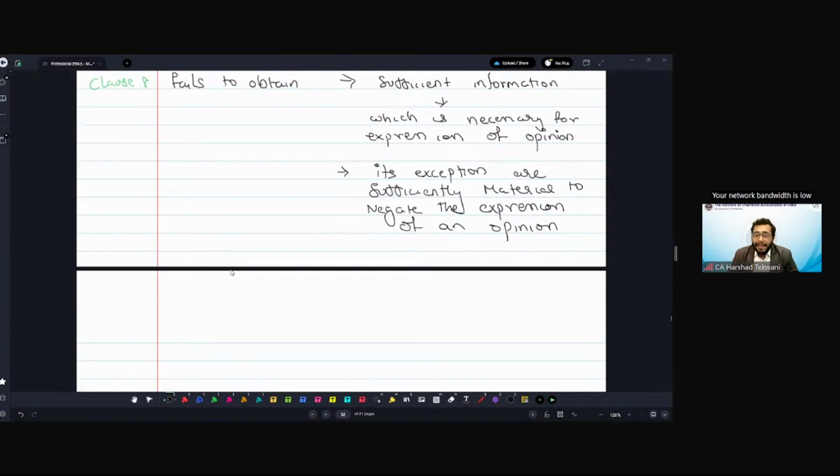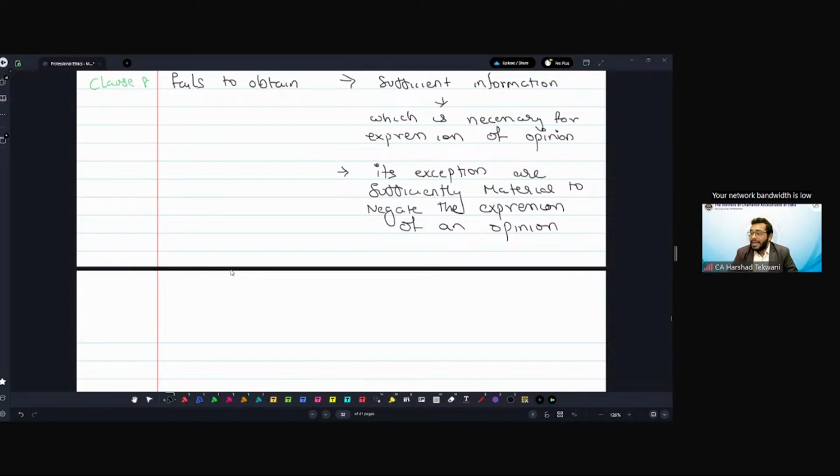So I am taking such an exception, or if I say subject to the transactions carried out during the year, or subject to the items listed in the profit and loss account, everything is appearing true and fair. So I am taking such an exception that it is negating my opinion, or I fail to obtain sufficient information which is necessary for my opinion.